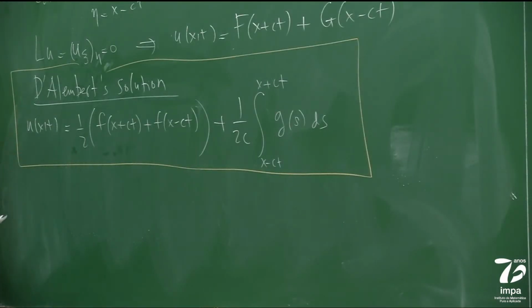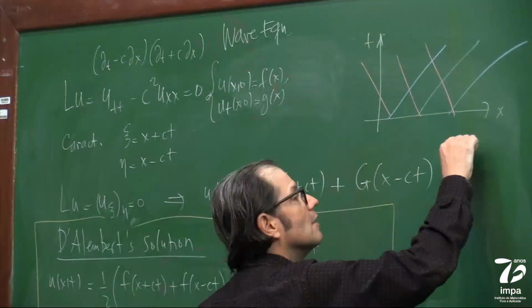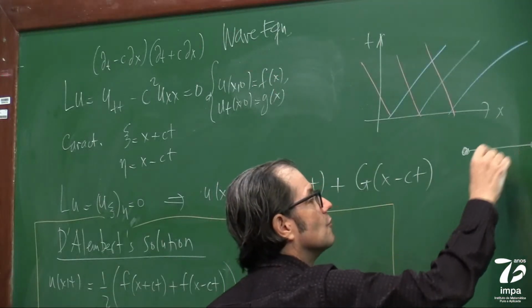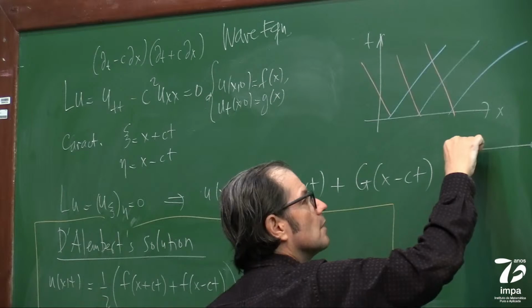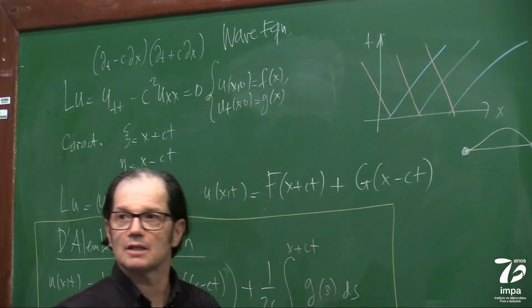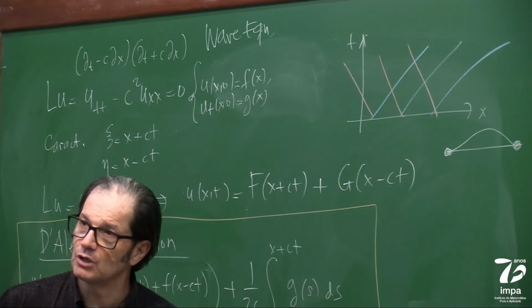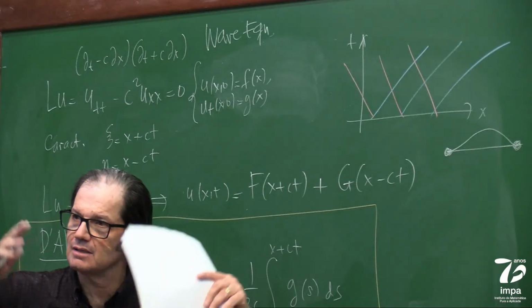This is very nice. First, because it tells us this. Look, if we think of the vibrating string or a wave in an interval, and say you just pull this up like this, like a vibrating string. You just pull it and you let it go. If you pull it and you let it go, this will vibrate like that.